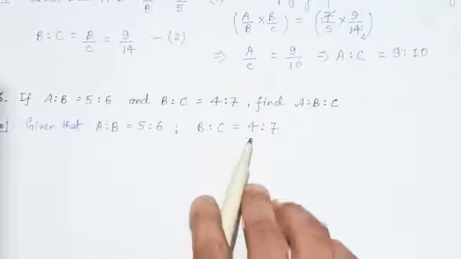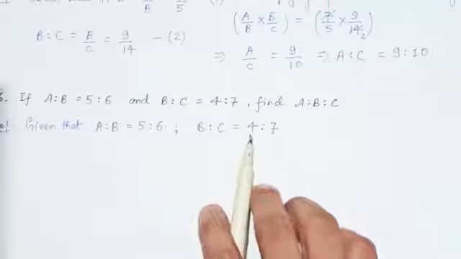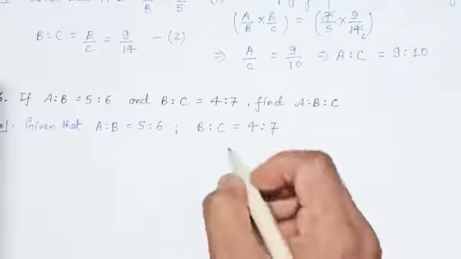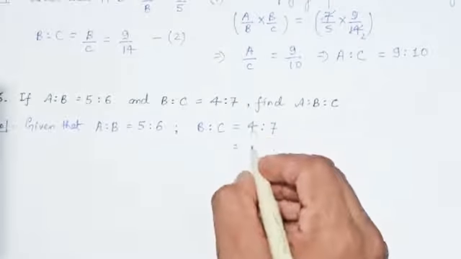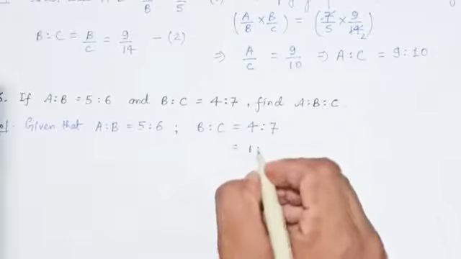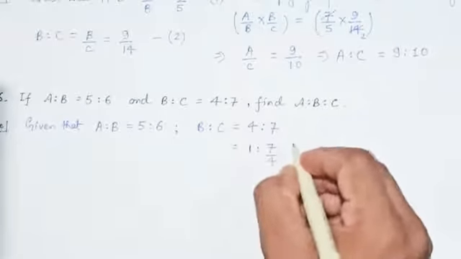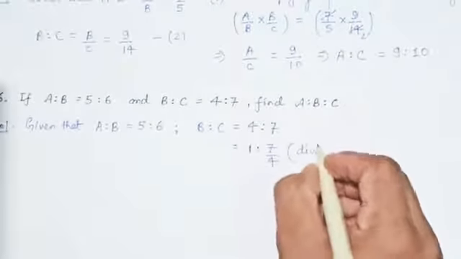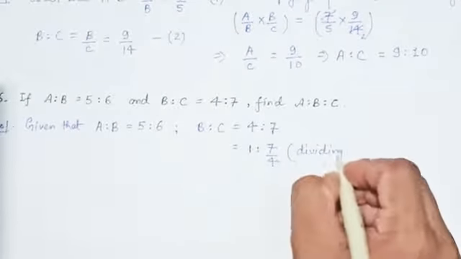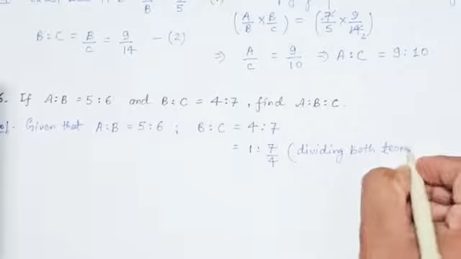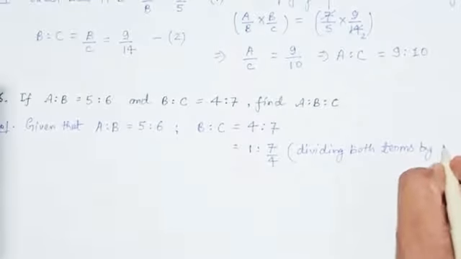If we divide both the terms of this ratio 4 is to 7 by 4, then what we get? 4 by 4, 1 is to 7 by 4. Dividing both terms by 4.